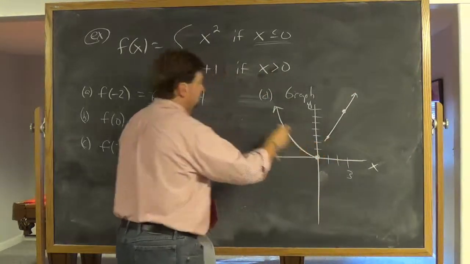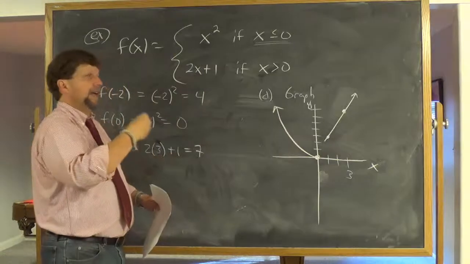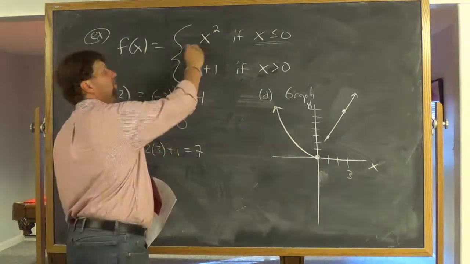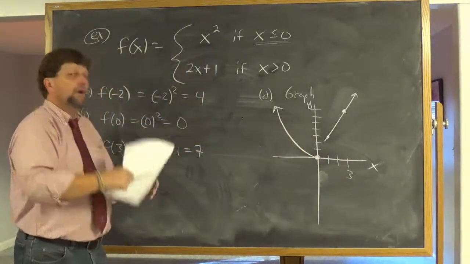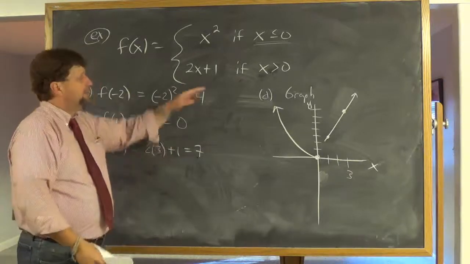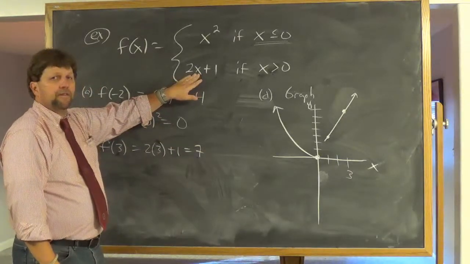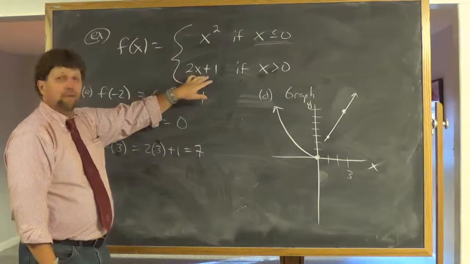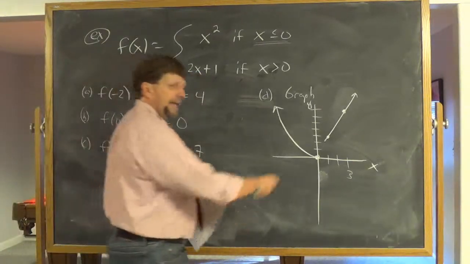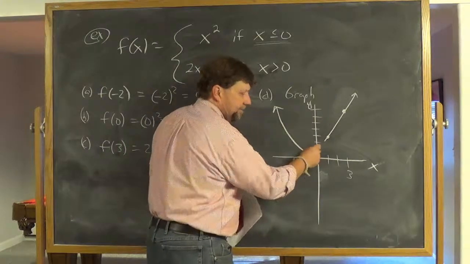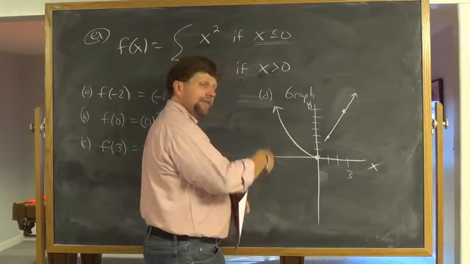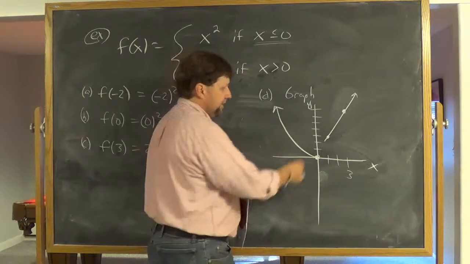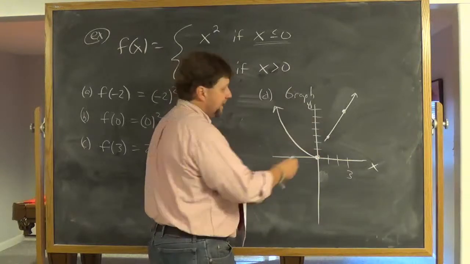But technically, when x is 0, I'm using the other rule. What number would I get if I put 0 in here for x? 2 times 0 is 0, and 0 plus 1 is 1. Now I can't come down here to 1 and put in a filled-in circle, because that would violate the definition of a function. It would violate the vertical line test.